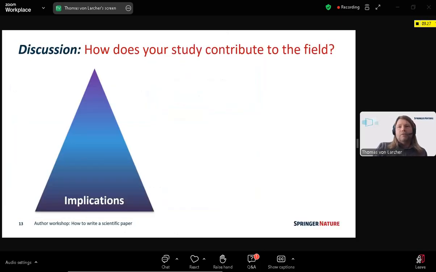All right. So, and then the last section is the discussion, right? So in the discussion, you highlight how does your study contribute to the field? How does your findings advance the field? And the discussion is like the opposite of the introduction, right?